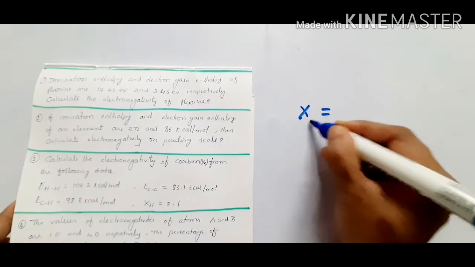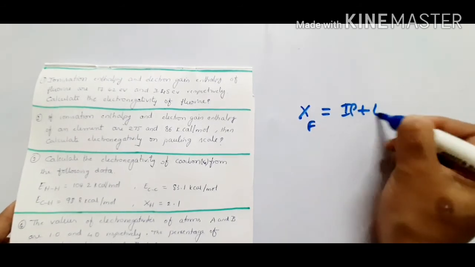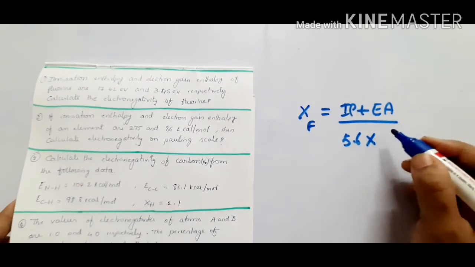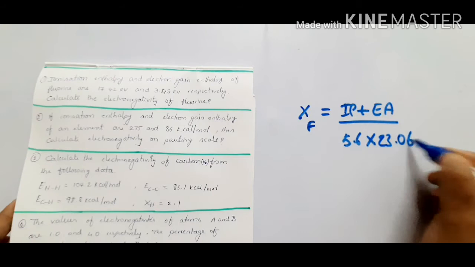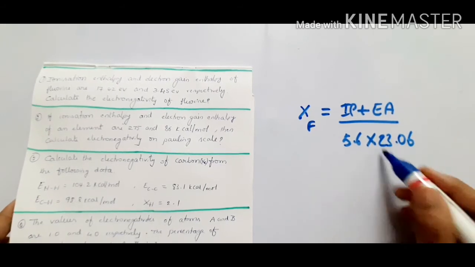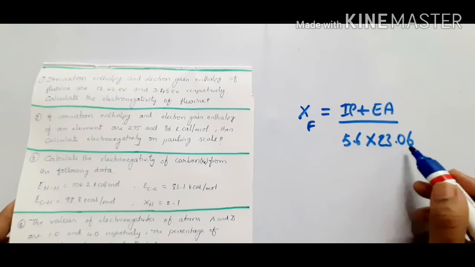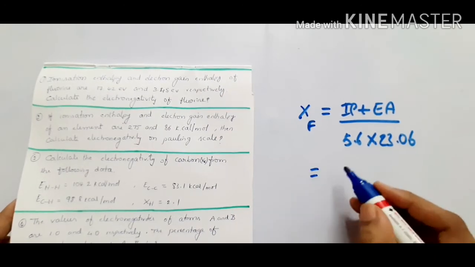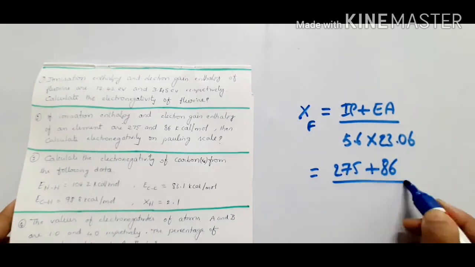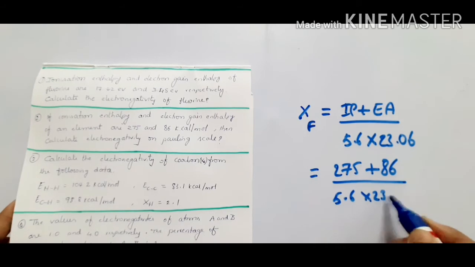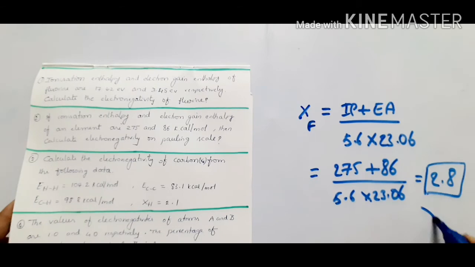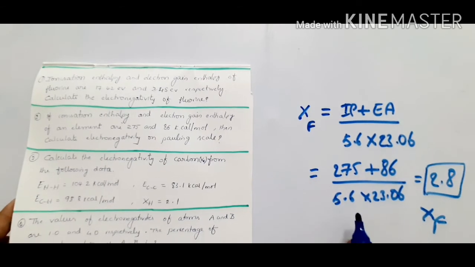X equals IP plus EA divided by 5.6 into 23.06, because the energy is given in kilocalories per mole. So substituting the given data, 275 plus 86 divided by 5.6 into 23.06, you will get 2.8. This is the electronegativity of fluorine when energy is given in kilocalories.